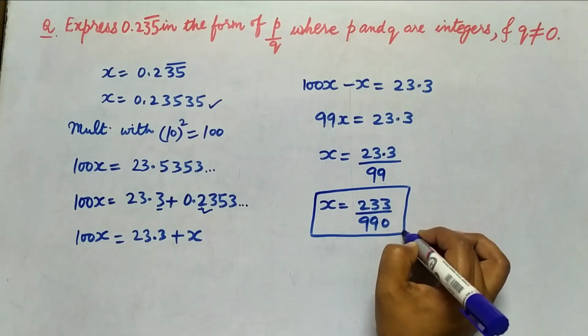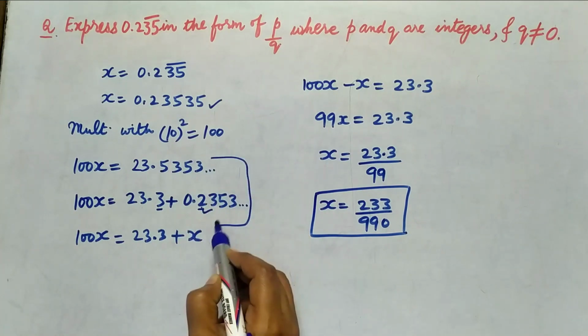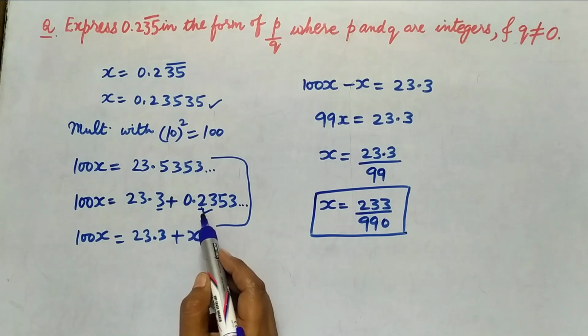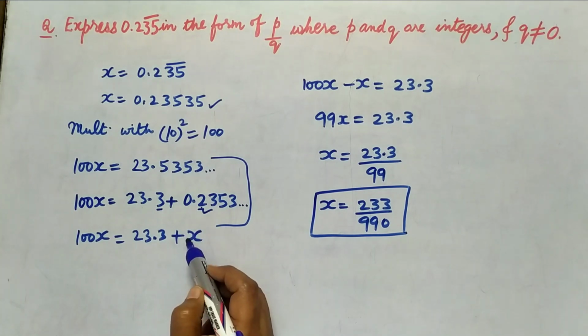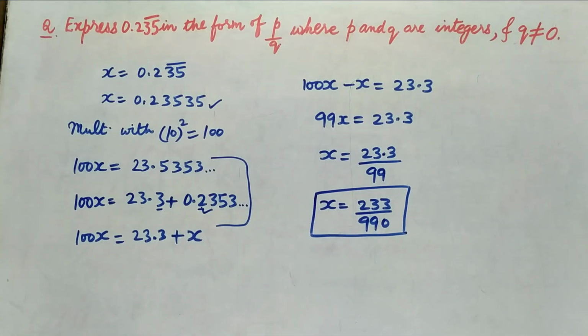This is the rational representation of this number. The main point here is to break up this number into two parts, one of which is x. The rest is quite easy.